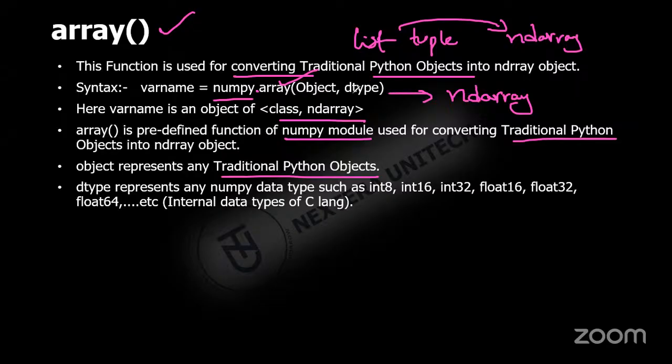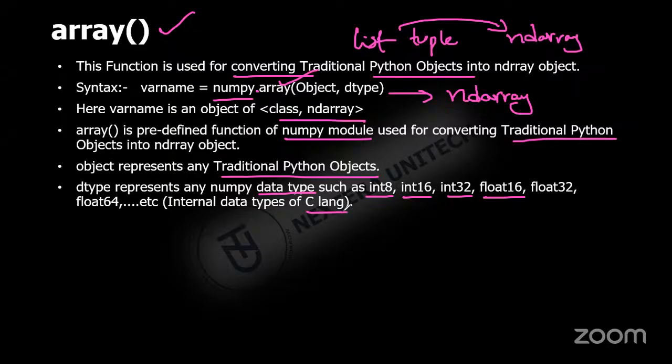Then what about dtype? Dtype represents the data type, like int8, int16, int32, float16. All of these are the internal data types of the C language.